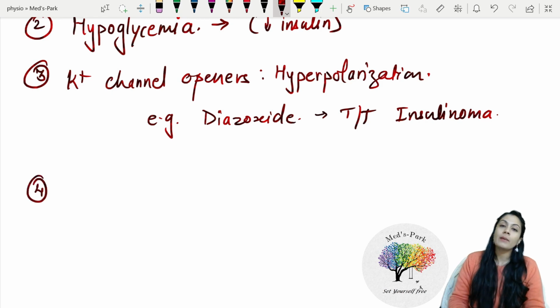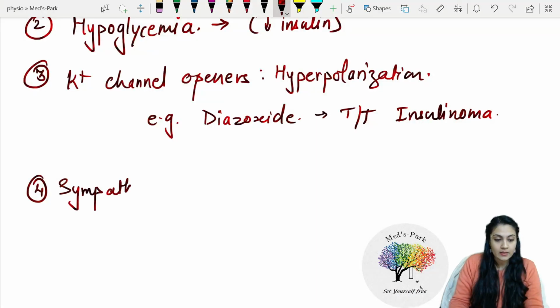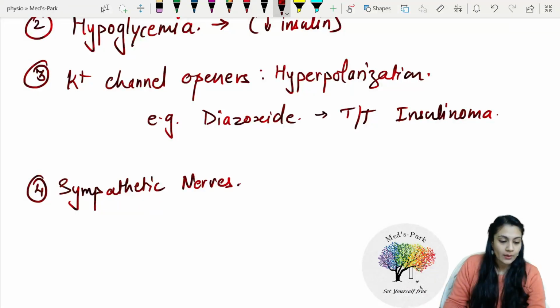Then we learn about the sympathetic nerves, right? They have the dual receptor system over here. So we can write here sympathetic nerves. Now in sympathetic nerves, we know that alpha and beta both are going to act, right? But if I have to decrease the insulin release, definitely I need to activate the alpha receptors, right?